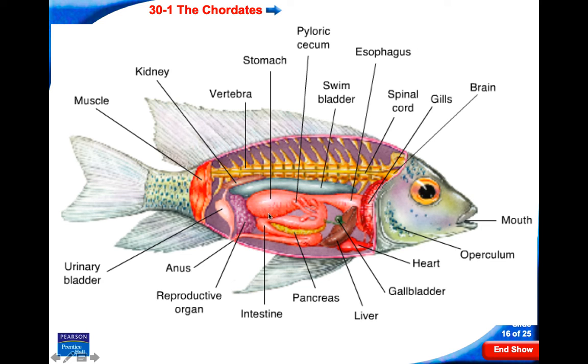Okay, so in particular, what I want to point out to you are some structures. There are some things that we've already pointed out, like the spinal cord, and I don't think I've mentioned the fin. All the fins aren't labeled in here. But anyway, the pathway of food, and this will be important when you do your dissection, food travels in through the mouth, and eventually reaches something called the esophagus.